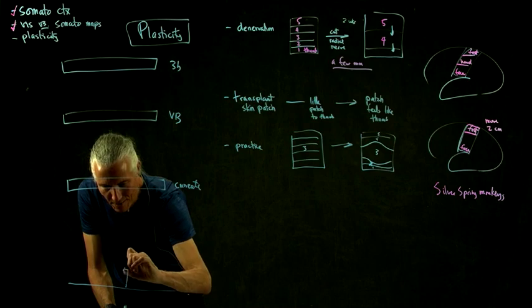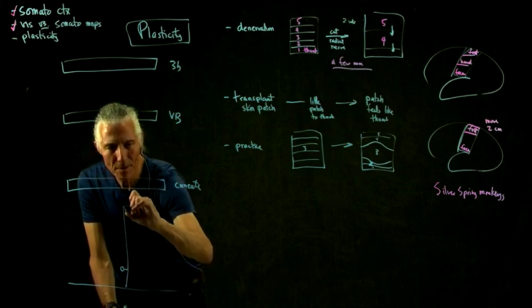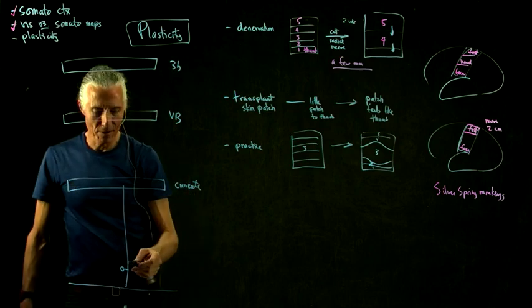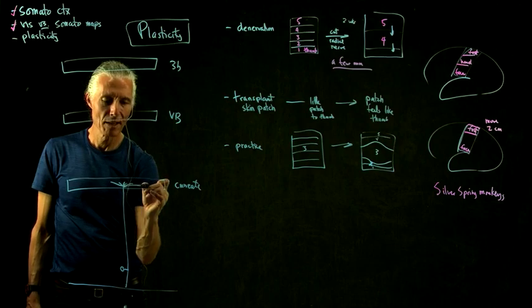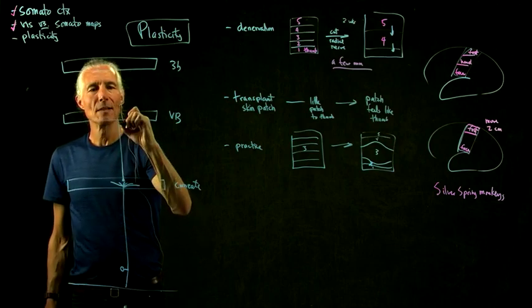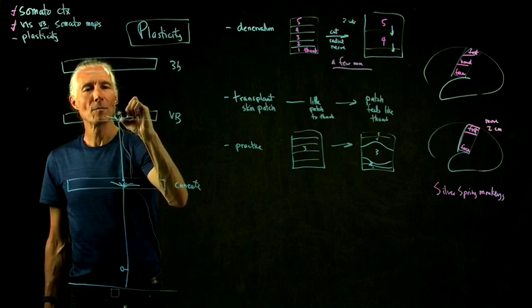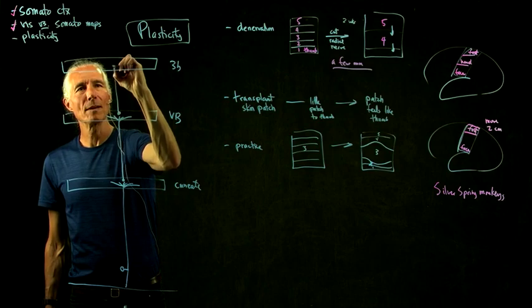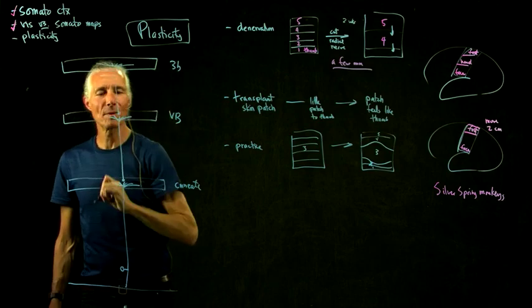And then here's a ganglion cell. It projects up into the cuneate, and there's some spread. Then we've got another cell in the cuneate that goes up to the ventral basal nucleus, and it has some spread. Then the ventral basal nucleus goes up to area 3B, and that has some spread. Always consider all the parts.